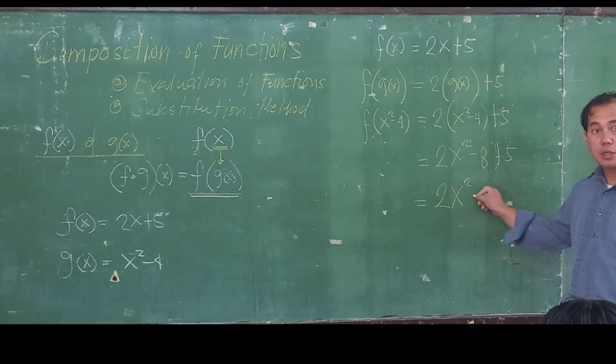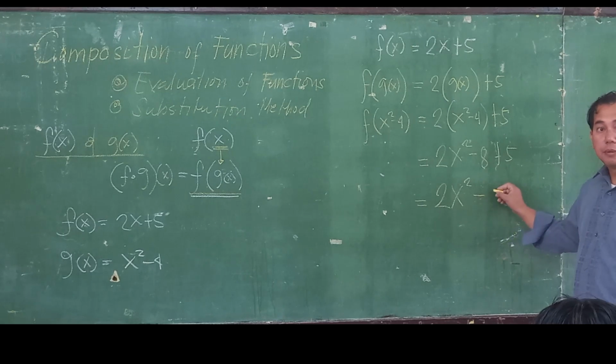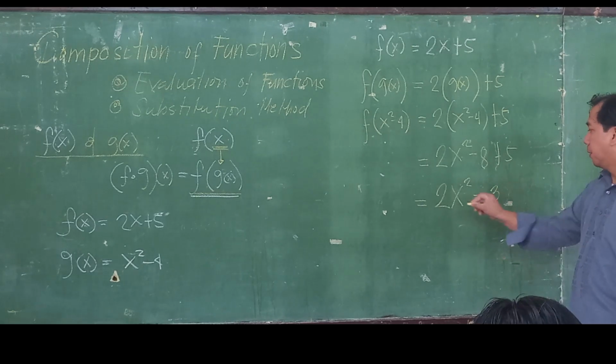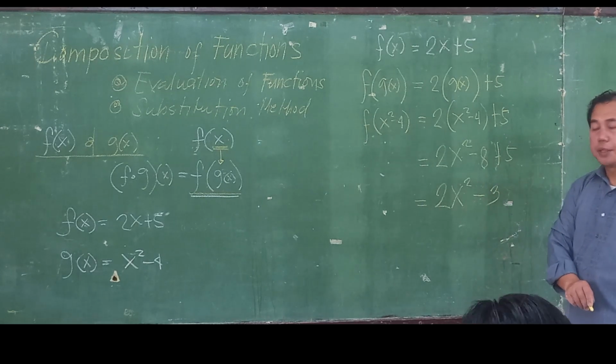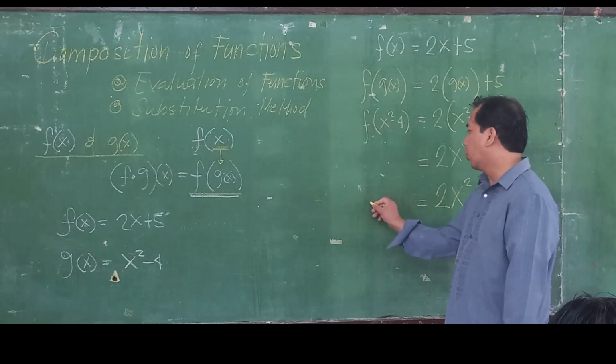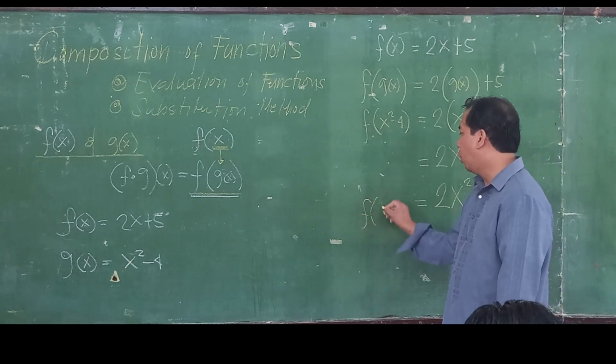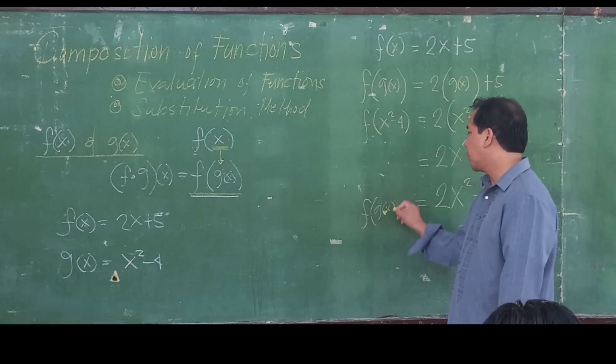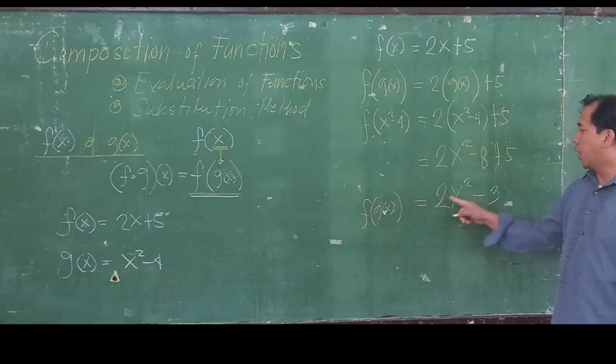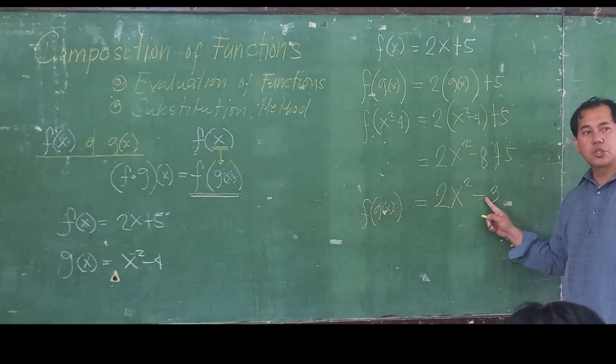Addition of like signs. Okay? So the result of f of g of x is already 2x raised to 2 minus 3.